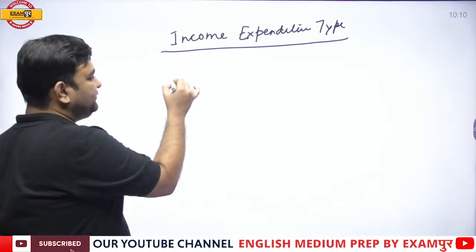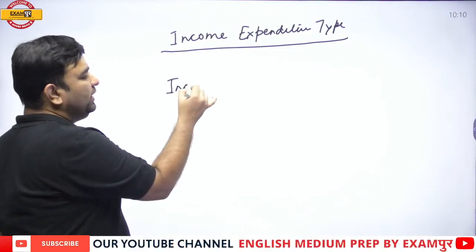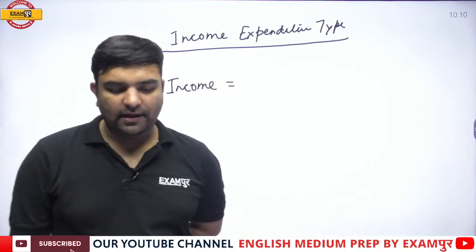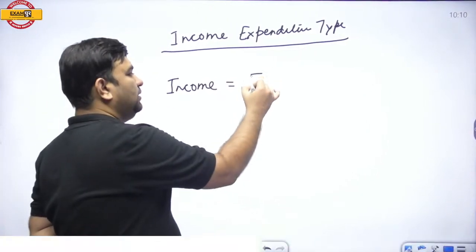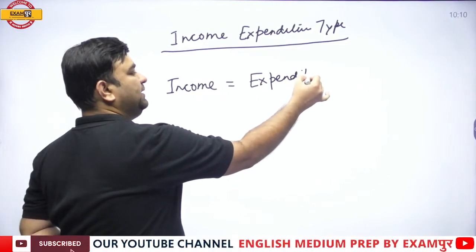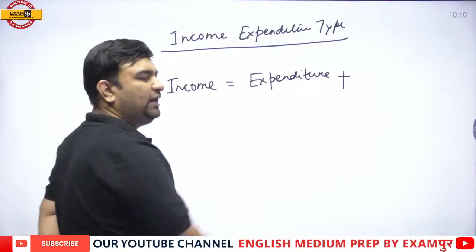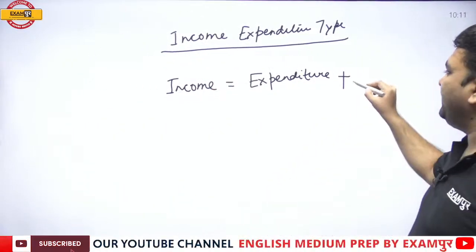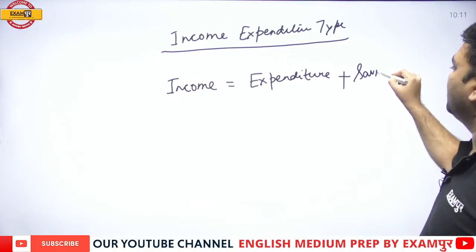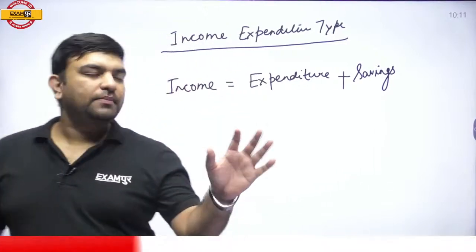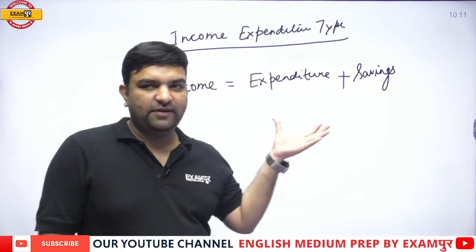What is the formula, guys, for income? Income for a salaried person: from the income he either spends it, and whatever is remaining is his savings. So there are only two things: income is equal to expenditure plus saving.